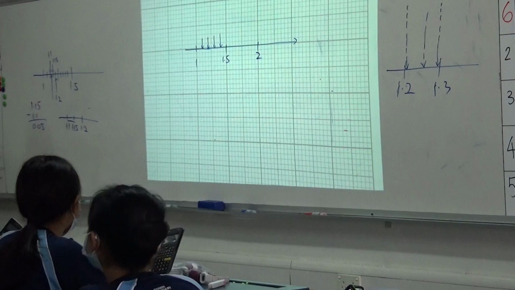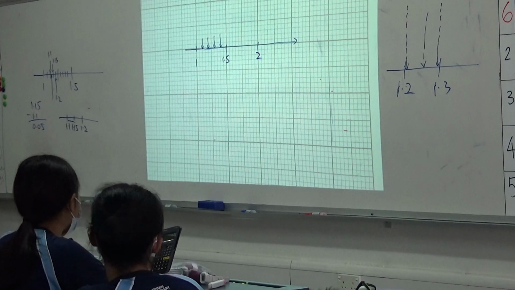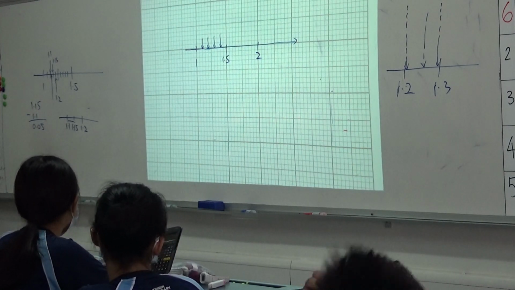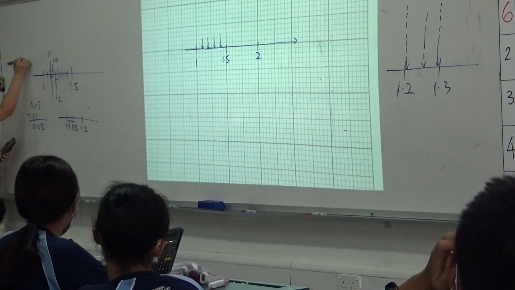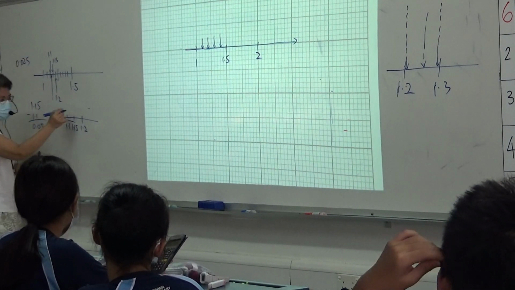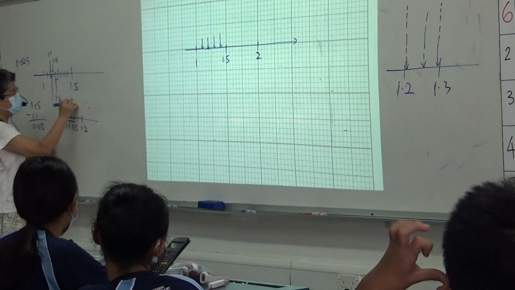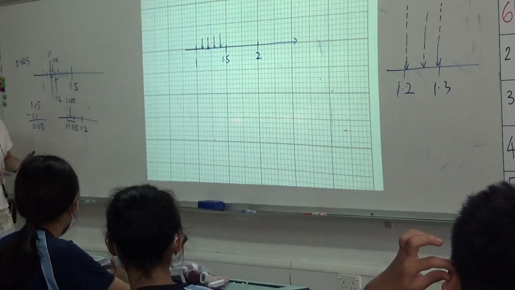Okay, so 0.05 divided by 2. 0.025. So this one is 1.125, right? But how about here?